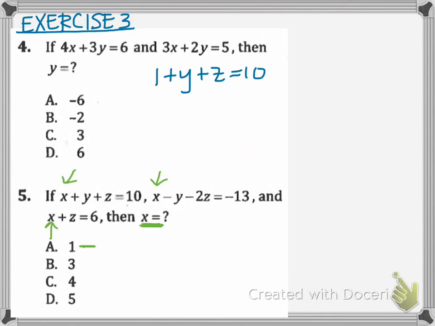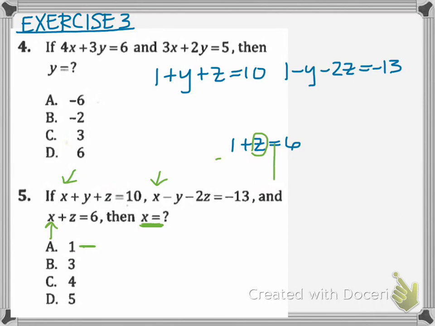In my second equation, if I put 1 where x is, we're going to get 1 minus y minus 2z equals negative 13. And in my last equation, if I put 1 where x is, we're going to get 1 plus z equals 6. Now if I look at that last equation, I've narrowed down my variables to just one variable, the z, right? So this would be very easy to solve for.